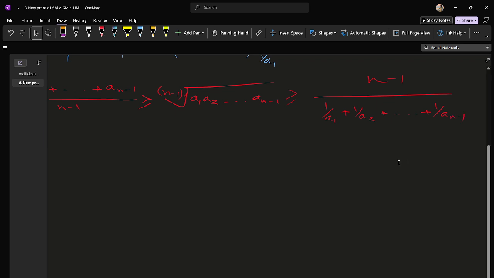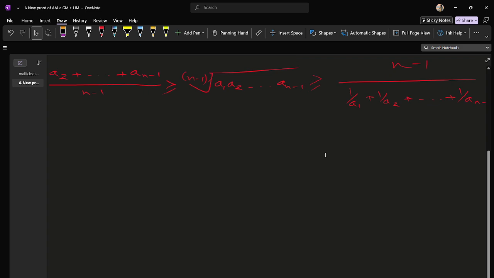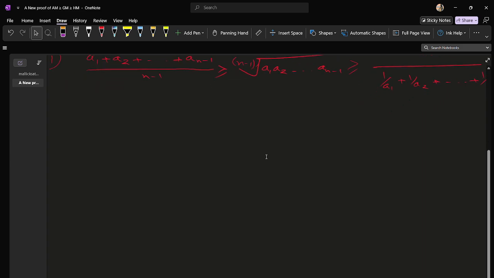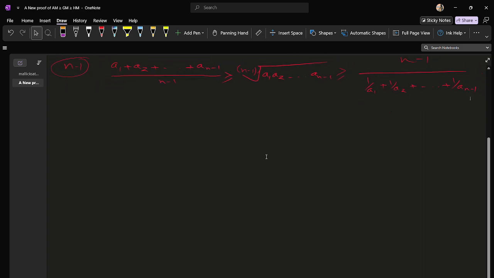Now let us do a magic on this. How can we do that? We are going to check it for n terms.